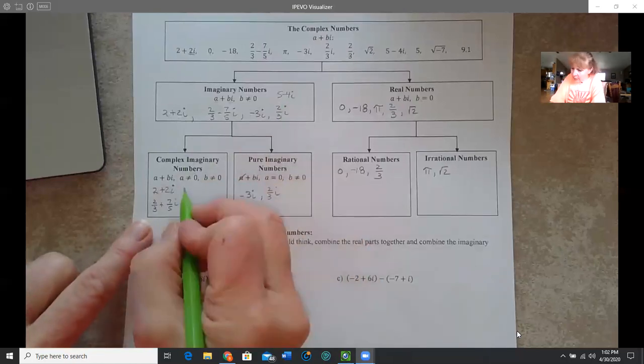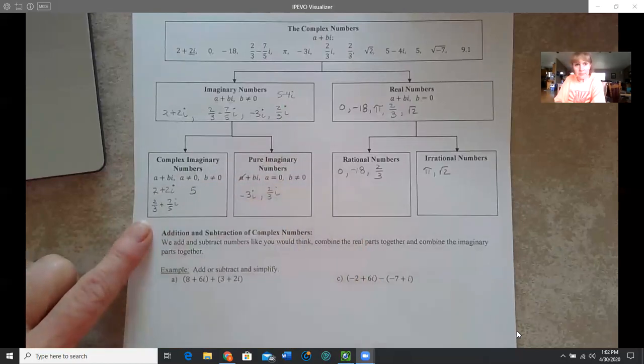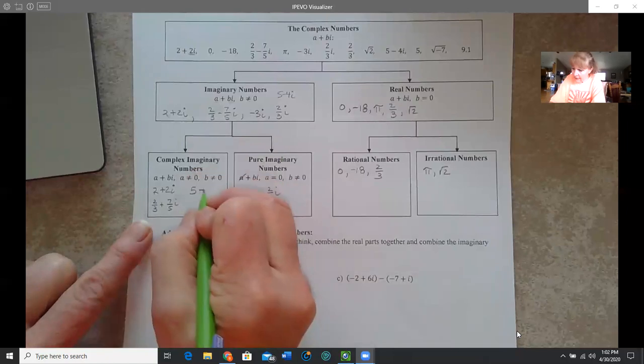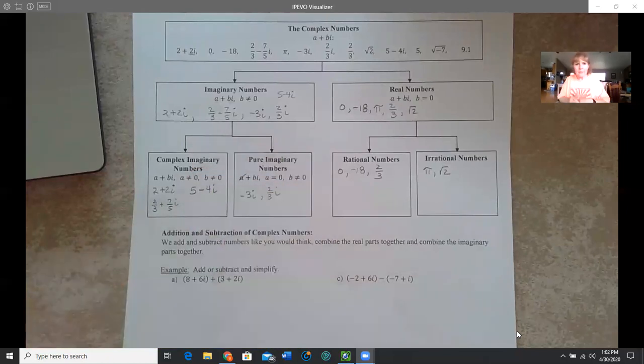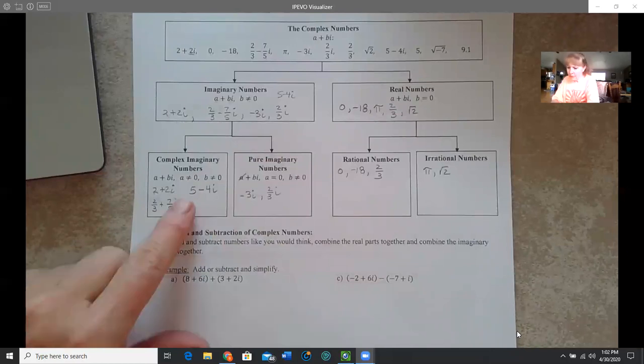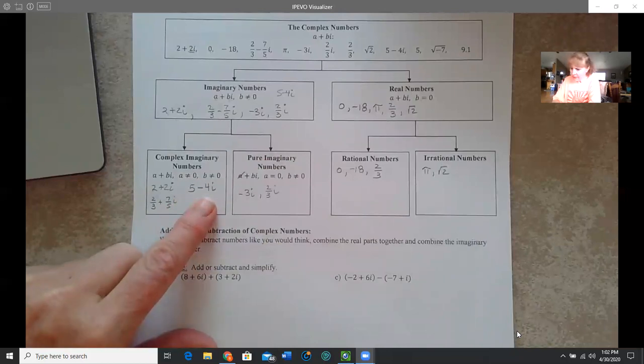In this case, it would go here because there's my real, 5, and subtract my imaginary part. So that would be considered a complex number, a real part with an imaginary part. And you can graph these, which we're not going to get into, on a coordinate system, but you can plot the real part with the imaginary part.